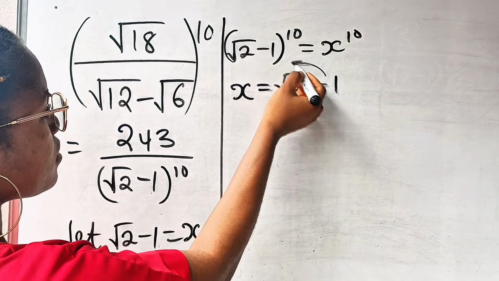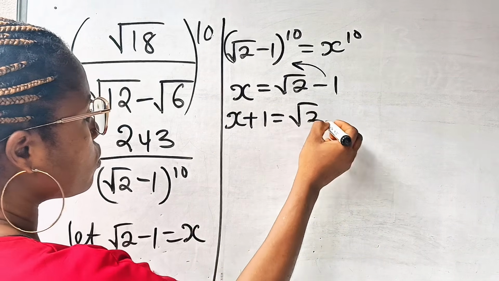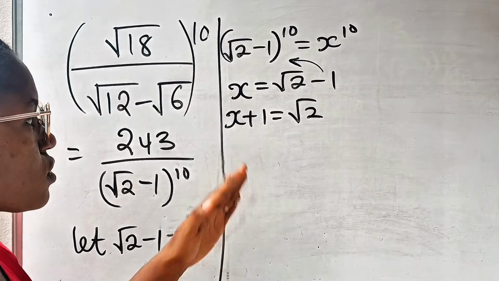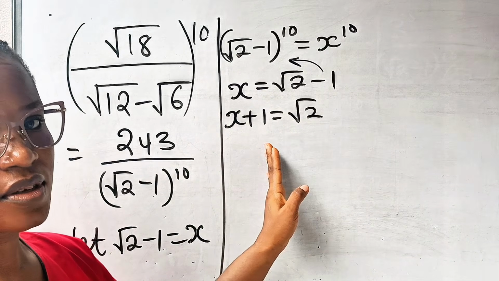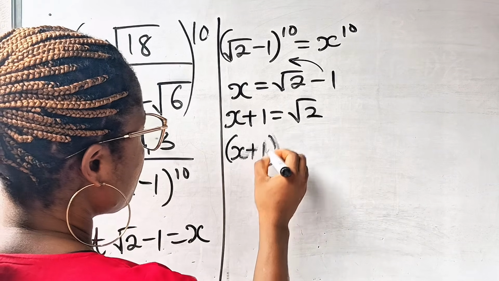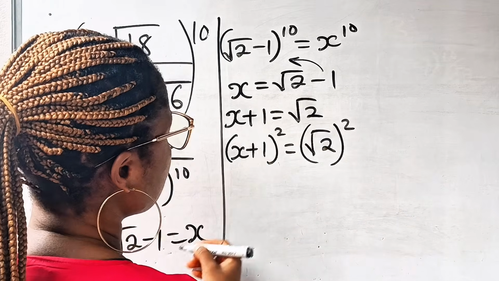Now, let's transfer this to this side. We will have x plus 1 is equal to root 2. Then we need to remove this root sign. So let's square both sides of this equation. So we have x plus 1 squared is equal to root 2 squared.